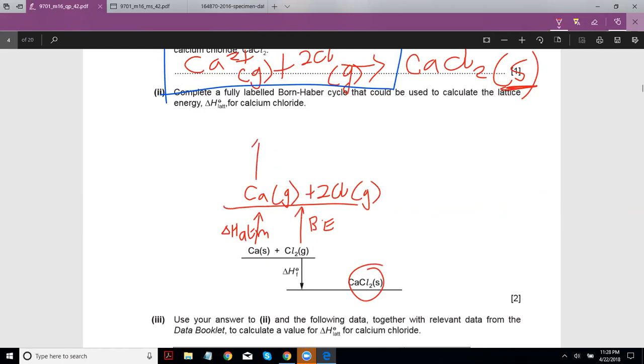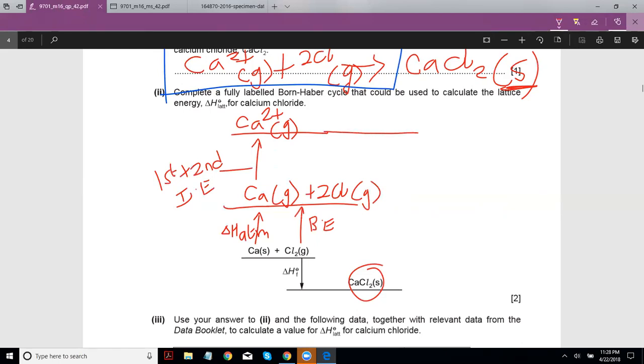Here you just do first plus second ionization energy, which are obviously endothermic, of calcium. And then do chlorine electron affinity.